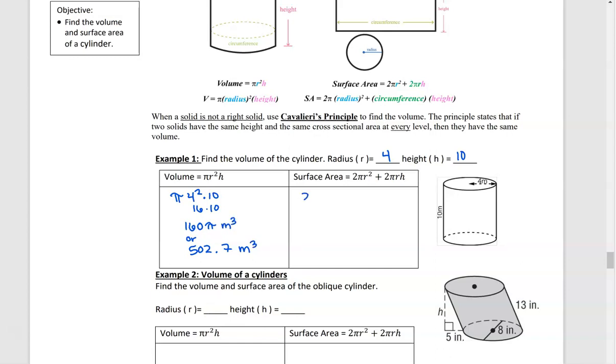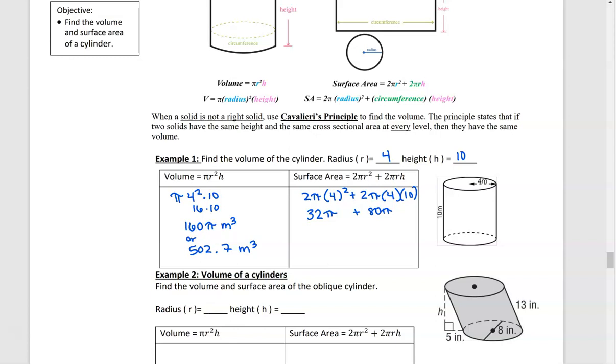And then over here is going to be 2 pi times 4 squared plus 2 pi times 4 times 10. And then we're going to go ahead and multiply 16 times 2, which is 32 pi here. Over here is going to be 4 times 10, which is 40, times 2, which is 80 pi.